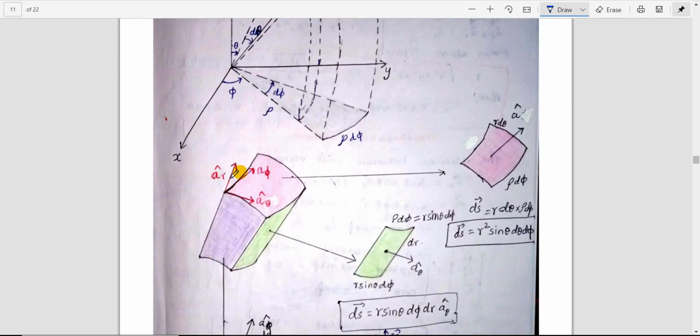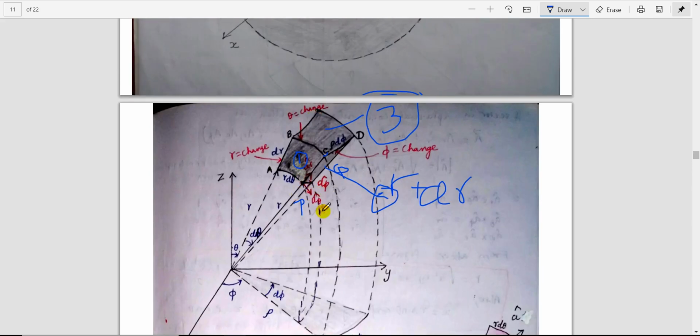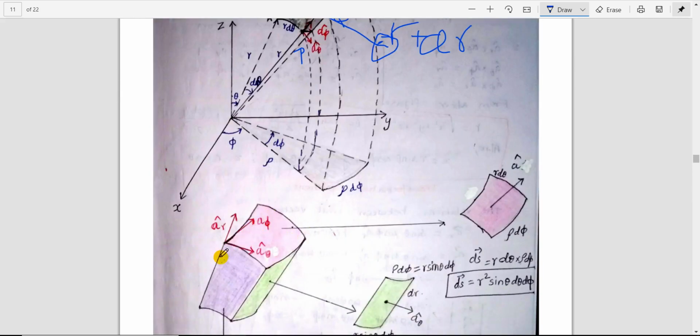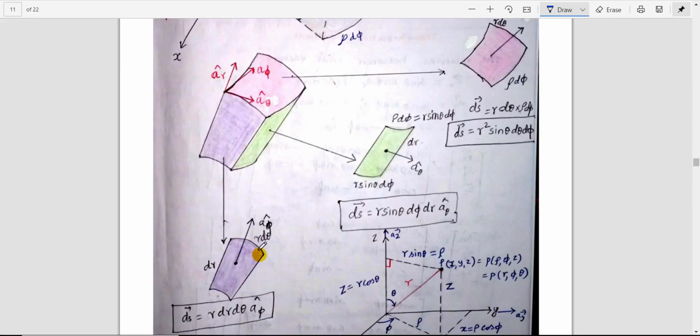We have defined a r and a theta as mentioned in the previous figure, and also a phi in this manner. Here we are going to take only this surface. This particular length is called dr, because this is the r point and this is the r plus dr point. So this distance can be defined as the dr length.